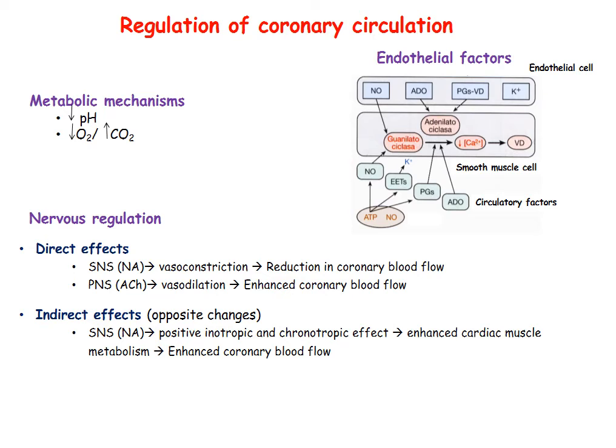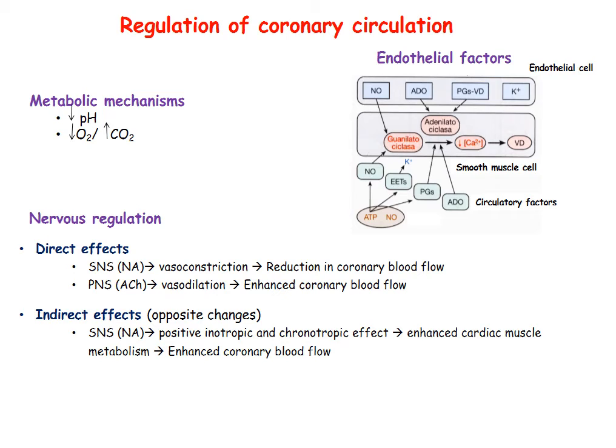On the other hand, the sympathetic nervous system, remember, produces a positive inotropic and chronotropic effect, apart from the lusitropic effects. Consequently, there will be an increased heart contraction, myocardial muscle contraction, and heart rate, and consequently there will be an enhancement in the cardiac muscle metabolism.